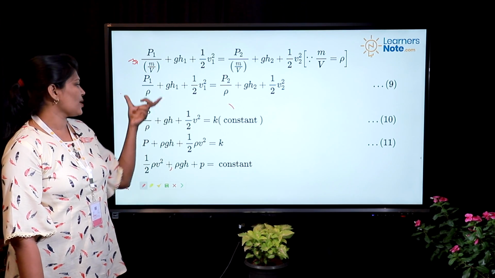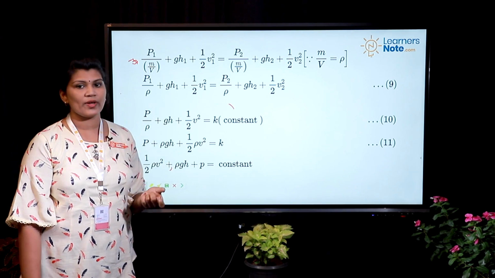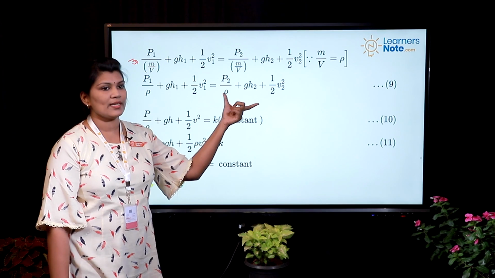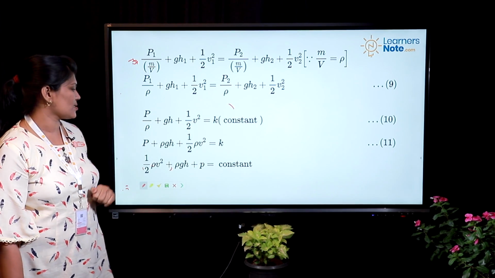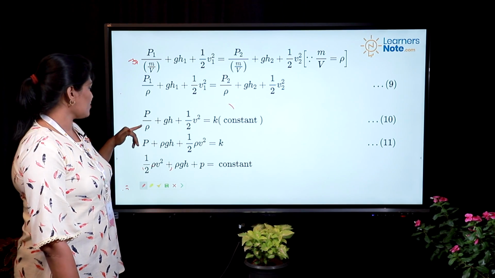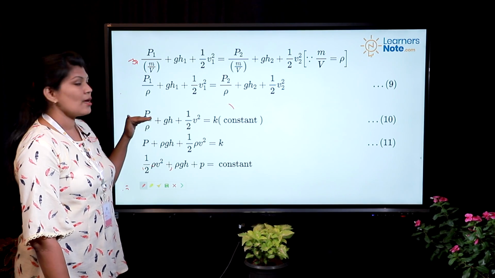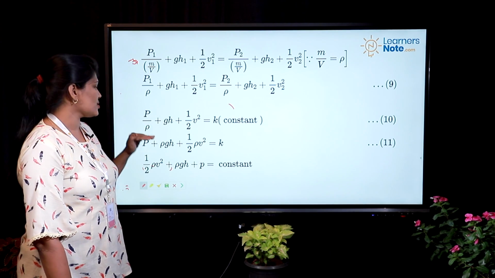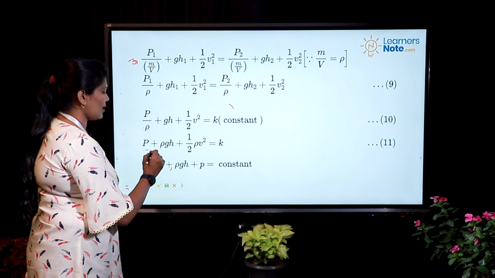So this P1 divided by rho plus gh1 plus half v1 square, its value will be equal to that on the right side. So the equation becomes like this. Then again we are making some rearrangement, that is we are changing this rho term here. By finding the LCM we can replace this rho from here. So our equation will become like this.